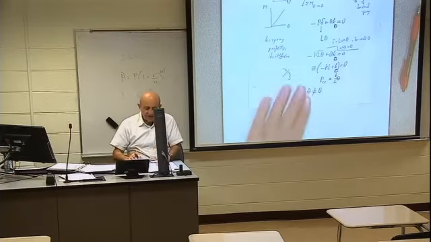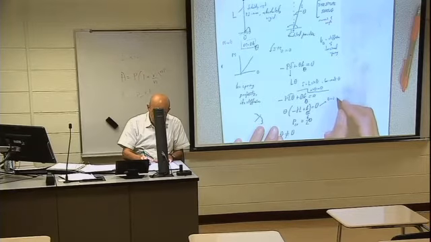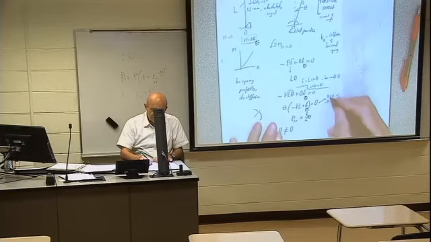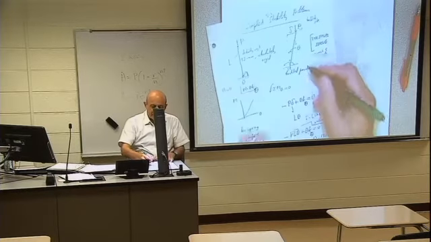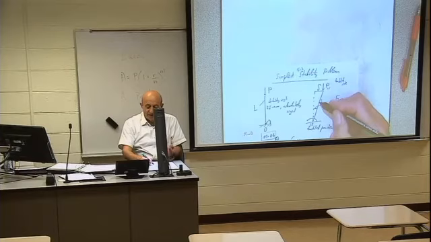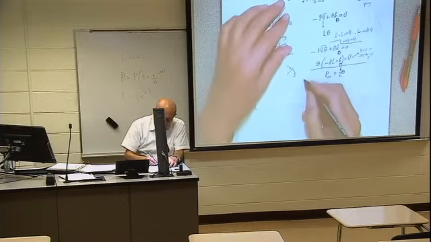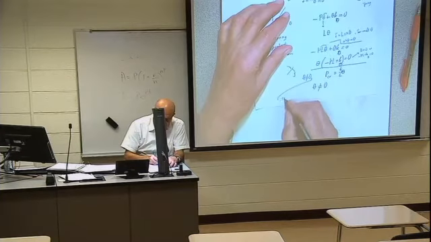Now, we can have either theta equals 0 or minus PL plus K theta equals 0. This is not possible. Why? Because this depicts theta not 0. That is a buckling. When buckling occurs, theta is not 0. See the picture.